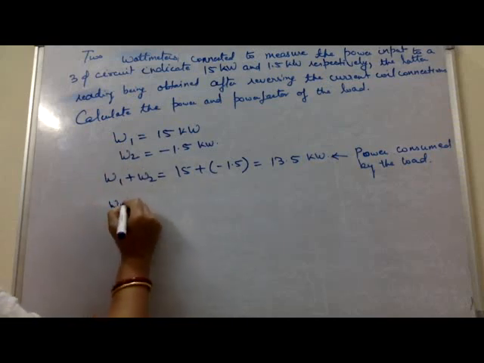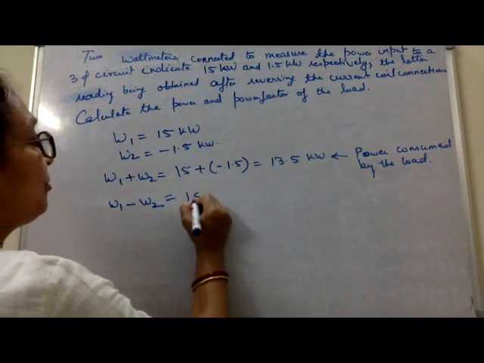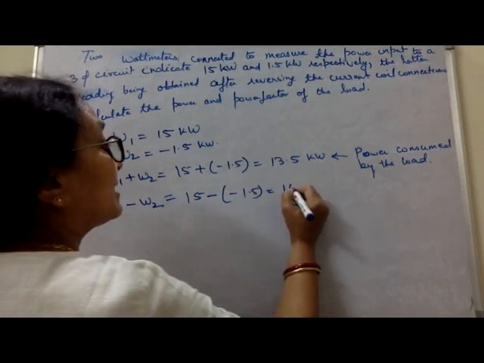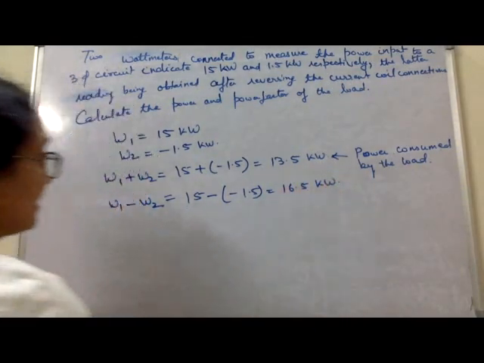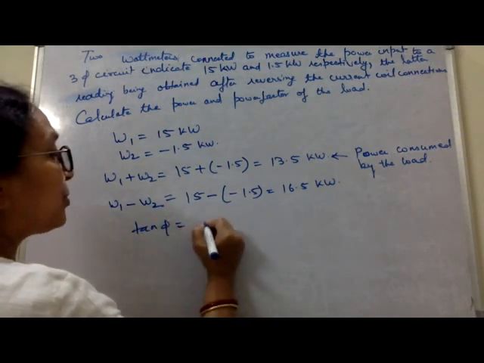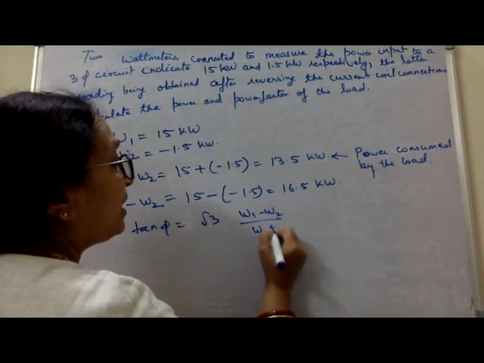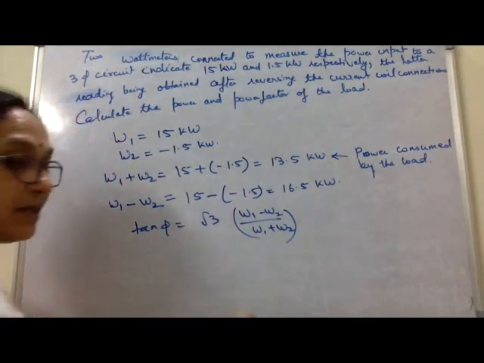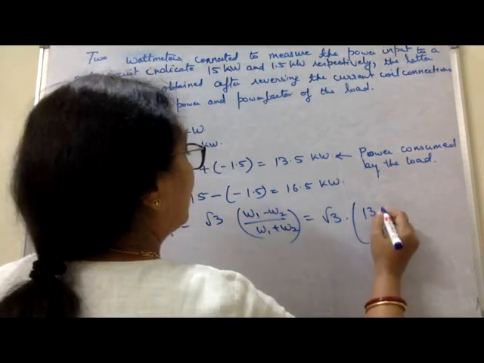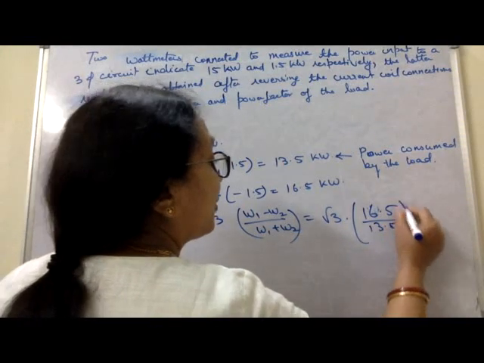Now, to calculate the power factor, we'll first calculate W1 minus W2, which is equal to 15 minus 1.5. So this will come as 16.5 kilowatt. Substitute in the equation, that is tan phi is equal to root 3 times (W1 minus W2) divided by (W1 plus W2). This is equal to root 3 into 16.5 divided by 13.5.